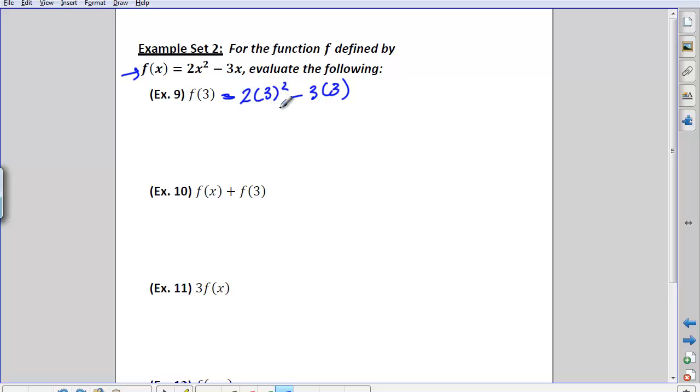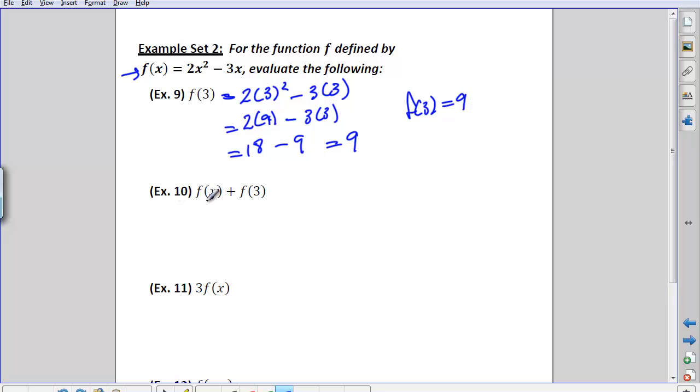Every x is now a 3. Parentheses around the 3's are pretty important as we work this out using order of operations. First we start with the exponent. 3 squared is 9. And then multiply, that's 18 minus 9. 18 minus 9 is 9. So we would say that f of 3 equals 9.